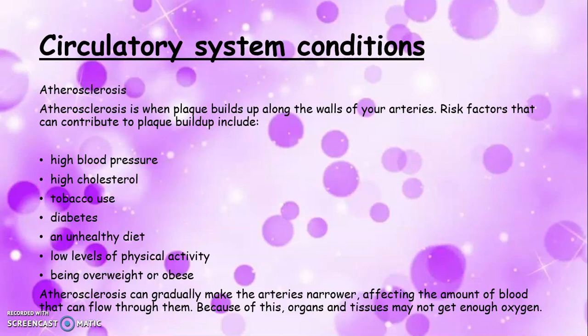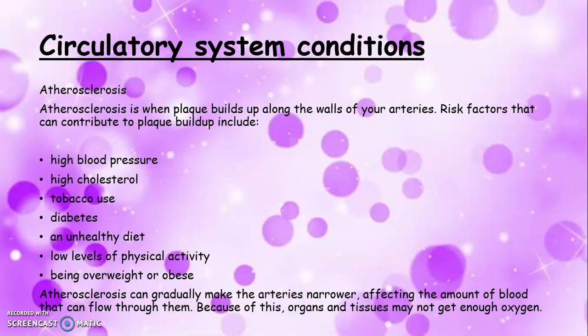Next is the circulatory system conditions. Atherosclerosis is when plaque builds up along the walls of your arteries. Risk factors that can contribute to plaque build-up include high blood pressure, high cholesterol, tobacco use, diabetes, an unhealthy diet, low levels of physical activity, and being overweight or obese.